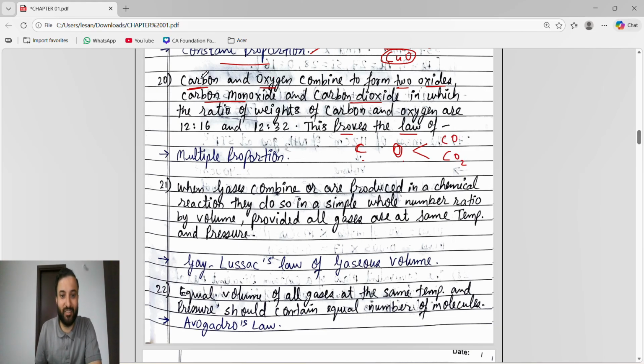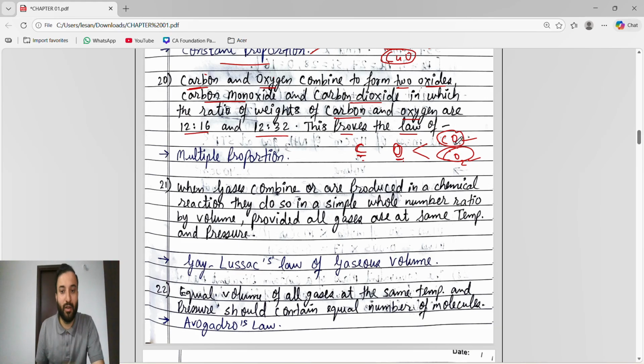Remember, two elements, carbon and oxygen, combine to form two oxides, carbon monoxide CO and carbon dioxide CO2, in which the ratio of weight of carbon and oxygen are 12:16 and 12:32. Tell me, which law?